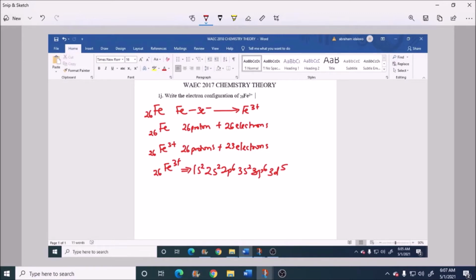Then having 3d here shows that iron is one of the transition elements, that is the d block elements. So this is the electronic configuration of Fe3+, showing that it has lost 3 electrons.